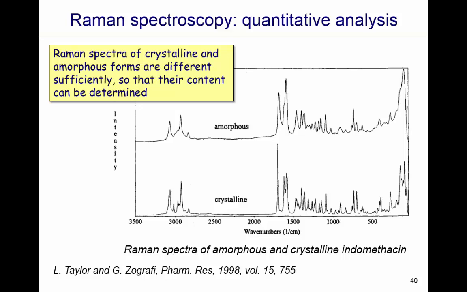Because the amorphous one has got the glass transition temperature. I mean, basically, you will have two different thermal events. You will have a glass transition and a melting point. Well done. And depending on the intensity of different peaks, if you calibrate it properly, you will be able to tell how much of each is present, provided they are not masking each other.